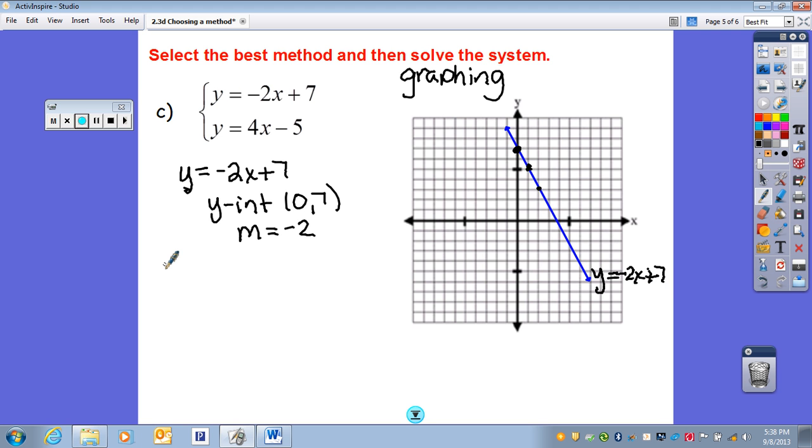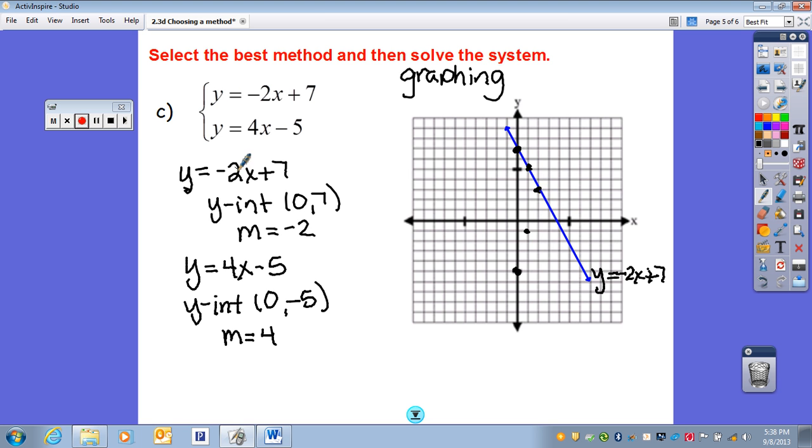Then we're going to graph the other line, y equals 4x minus 5. So my y-intercept is at 0, negative 5, and my slope is positive 4. So I'm going to graph the point 0, negative 5, and my slope will be up 4 and over 1, up 4 and over 1.